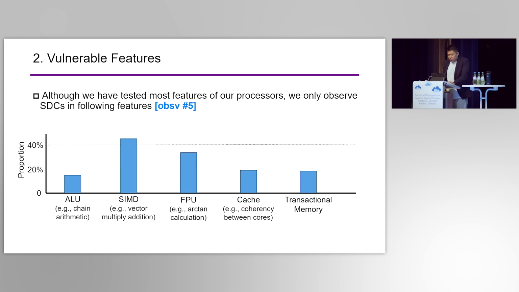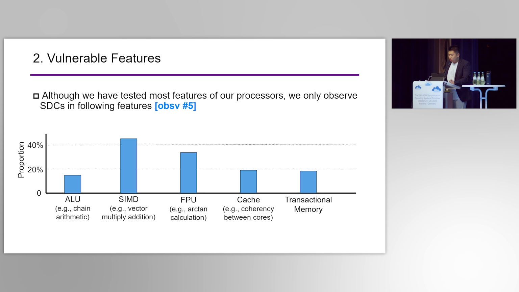Secondly, although we have tested most features of our processors, we only observe SDC in the following features, namely arithmetic logic operations, vector operations, floating point computation, cache coherence, and transactional memory. It is possible that compared to other features, such as load store queue and branch instructions, these features are indeed more vulnerable due to their complexity.